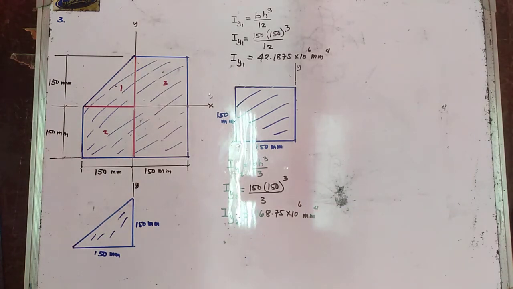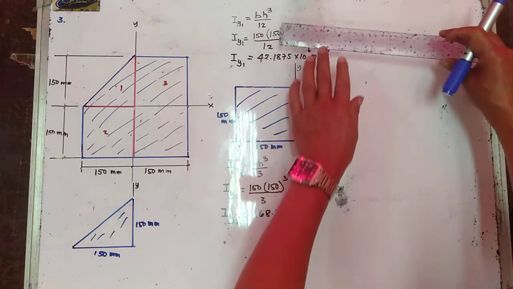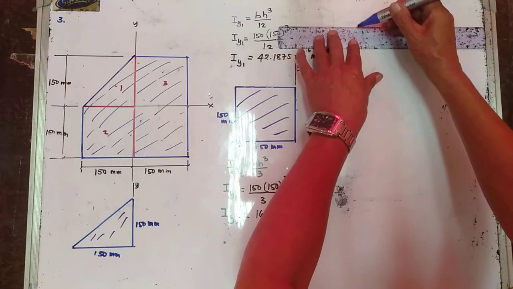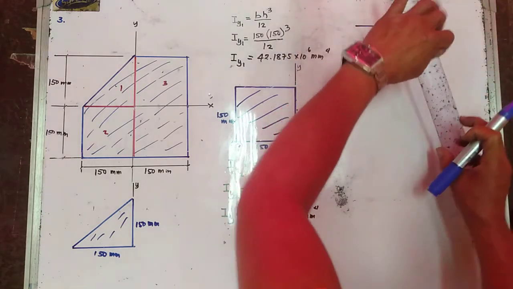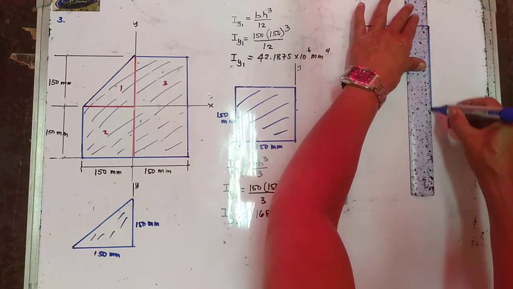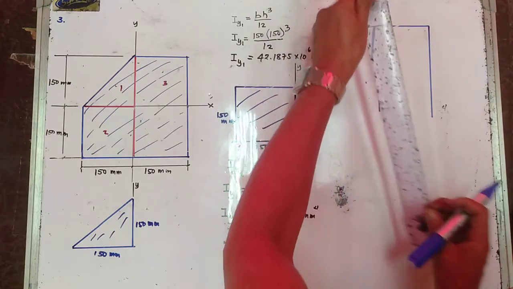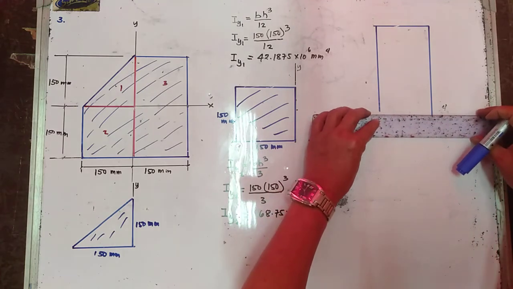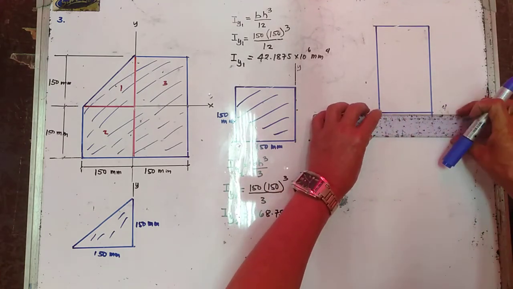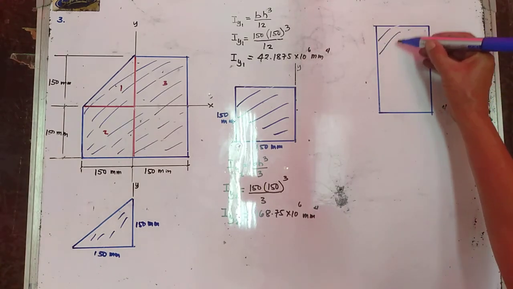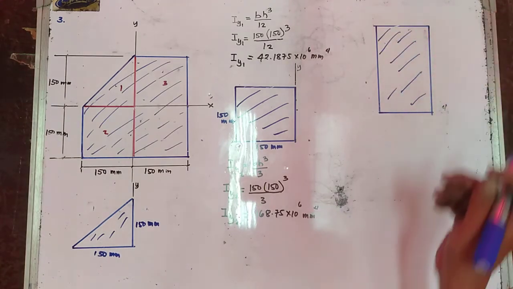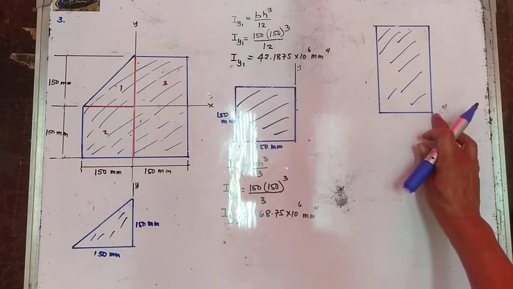And we now have the last area. So this is the last area, which is area 3. That is now your area 3.